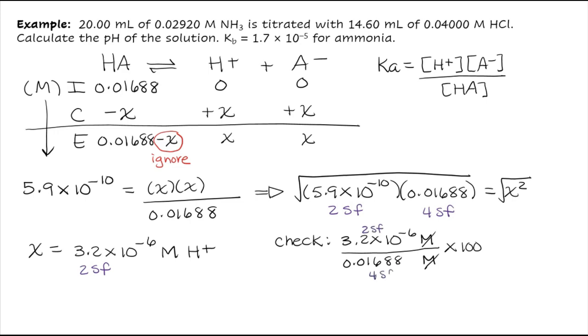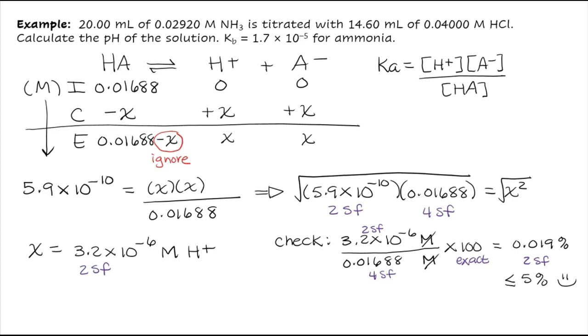We have 4 sig figs in the denominator, and the 100 is exact. So when we do this calculation, we'll round it to 2 sig figs. So doing the math, 3.2 times 10 to the negative 6 divided by 0.01688 times 100 gives us 0.019%. And our threshold is 5%. So because this is less than 5%, our assumption is valid.